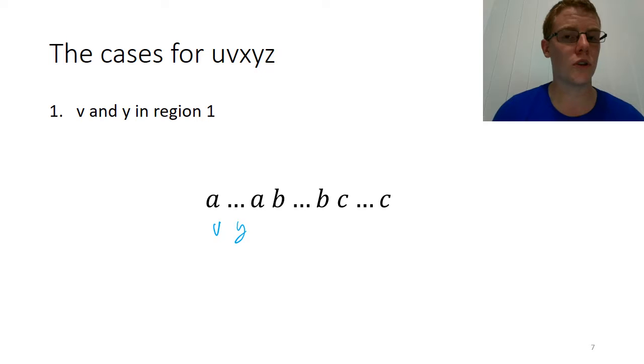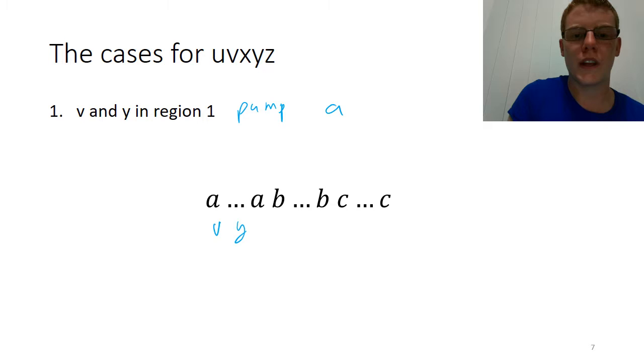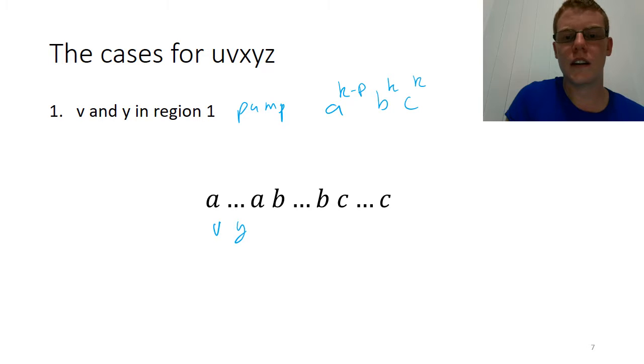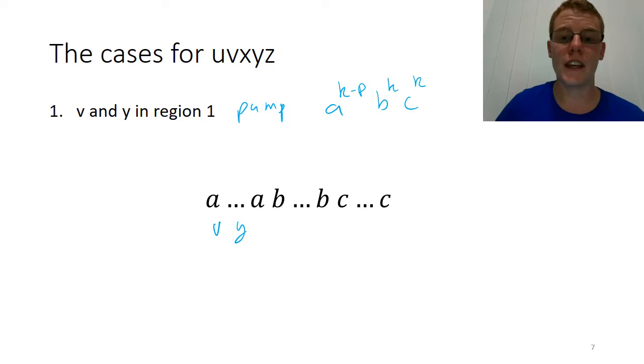So either of them could be empty, but together they must have at least one A. So all we need to do is pump out, and now we will have a string of the form A^(K-P) B^K C^K, where P is a positive integer. And this does not fit the form of the language, and so we've managed to pump out in that case. So it doesn't matter how many A's V and Y have between them.